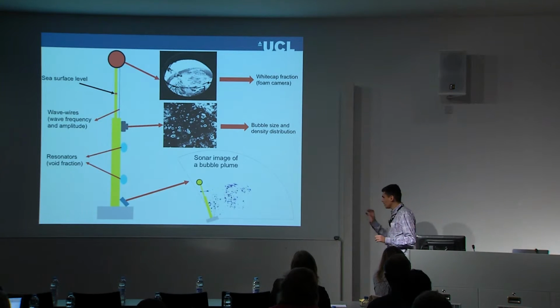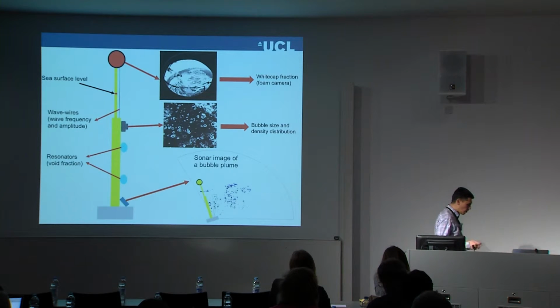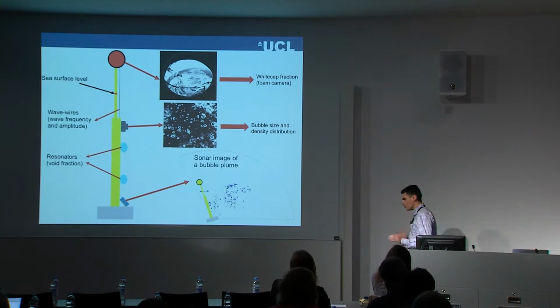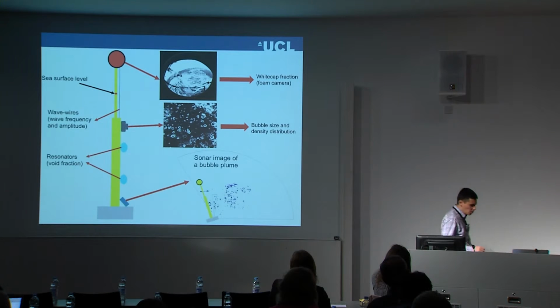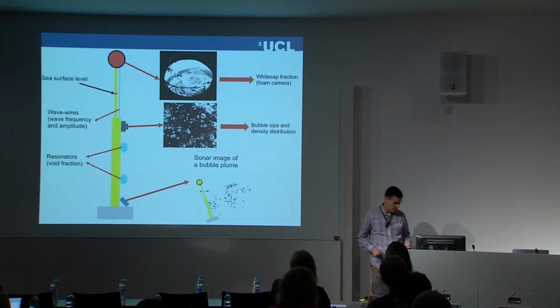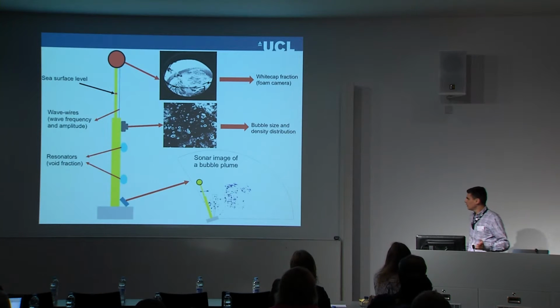Under the sea surface, you had a bubble camera, which was retrieving the bubble size distribution. Below, we had the resonators measuring the void fraction, which is the total volume of water occupied by bubbles within the upper ocean. And at the bottom of the buoy, we had a sonar, which was scanning vertically the upper ocean for bubbles with 120 acoustical beams for each pulse.